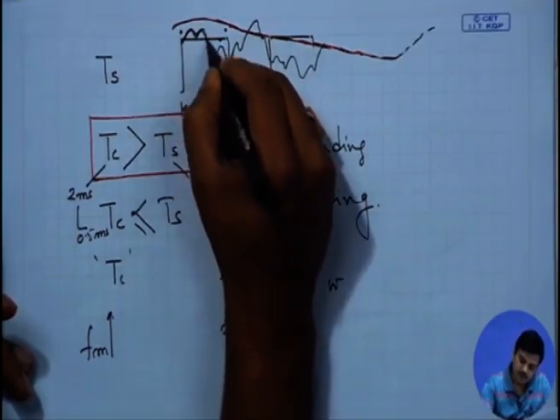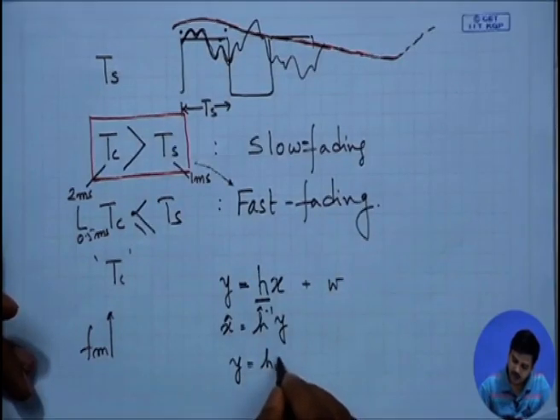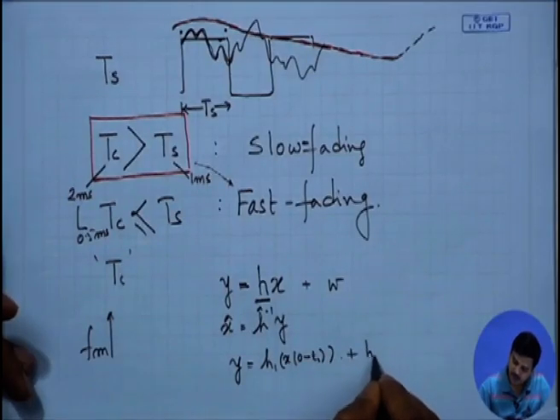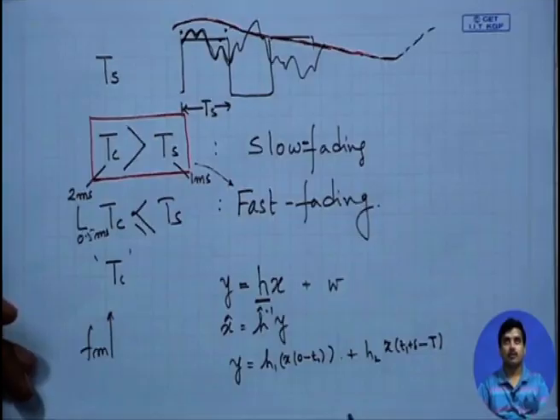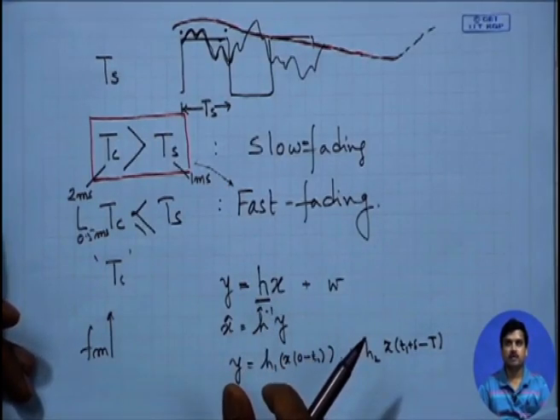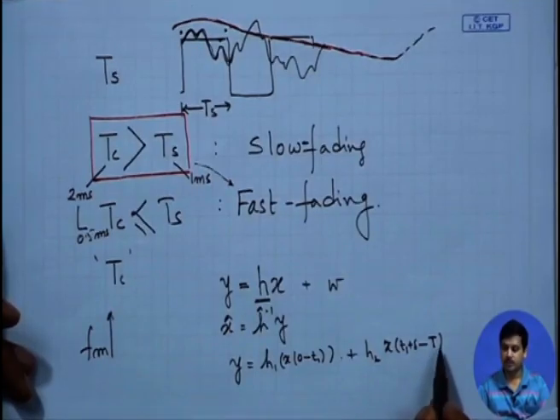Whereas, if the channel is fluctuating like this, that means, if I have y equal to h1 times x for the interval let us say 0 to t1, and then we have h2 for the interval let us say t1 plus delta to capital T. So, I am assuming there are two different notable values of h, one over the period of 0 to t1, the other over the period of t1 to capital T, that is the symbol duration, or Ts.